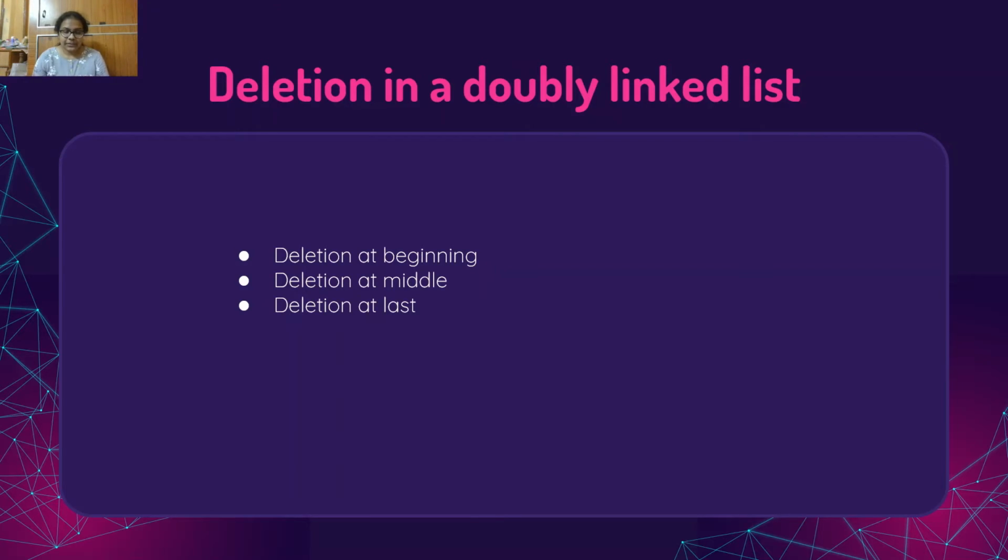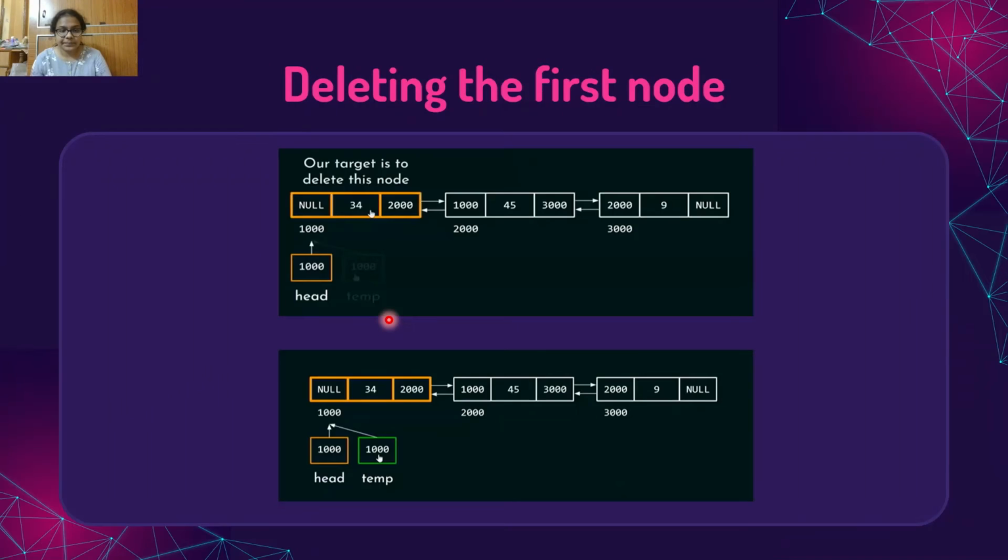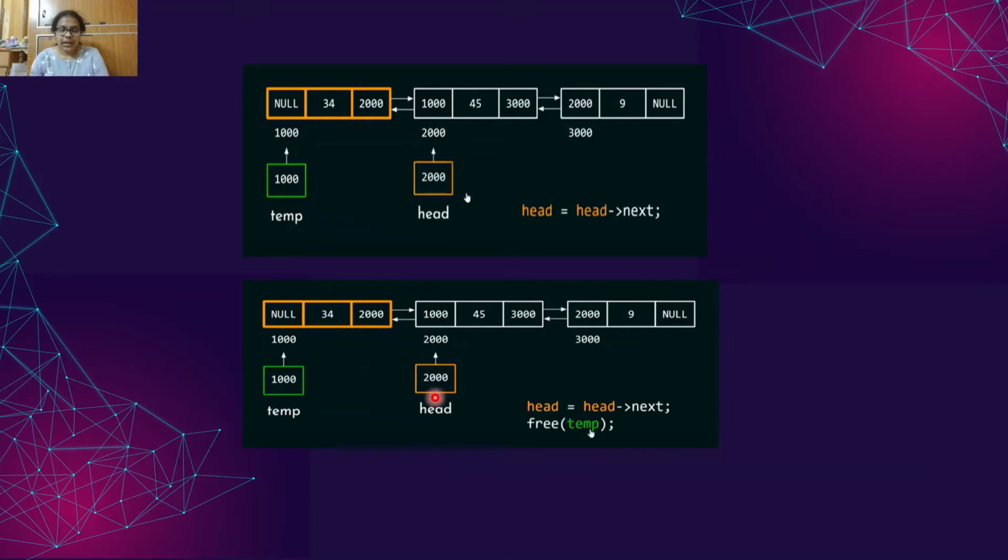Similar to insertion, we have deletion at beginning, at middle and at last. So deleting the first node, our target is to delete this node. In order to do that, we add this temp pointer over here, and head is equal to head next.